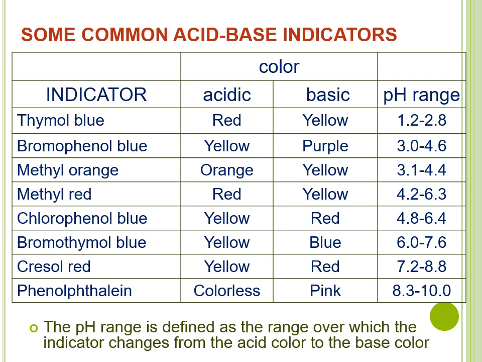In acidic, it is colorless, but in basic, it's pink, 8.3 to 10. The pH range is defined as the range over which the indicator changes from the acid color to the base color. So we need to be able to find the pH range that has the end point that we want.